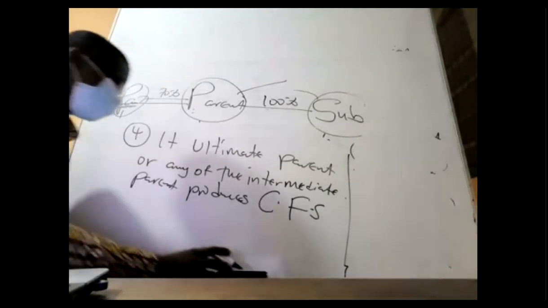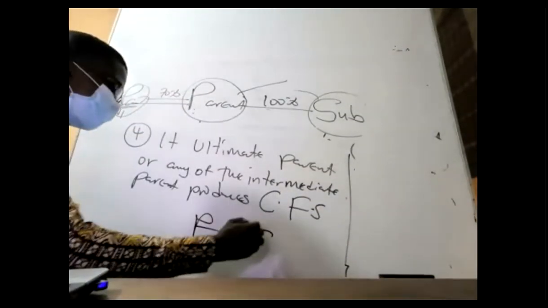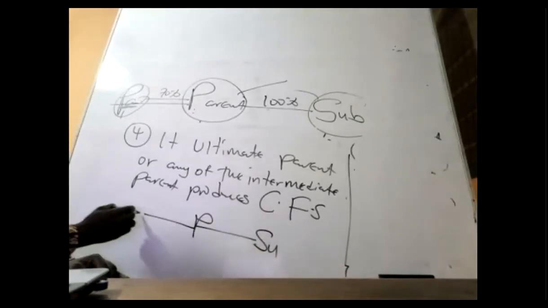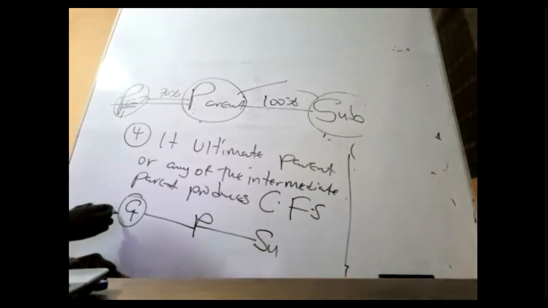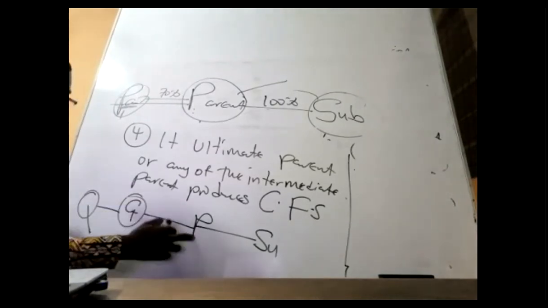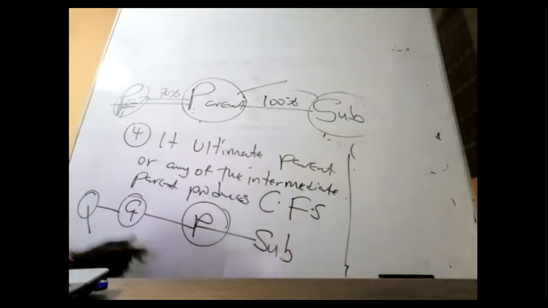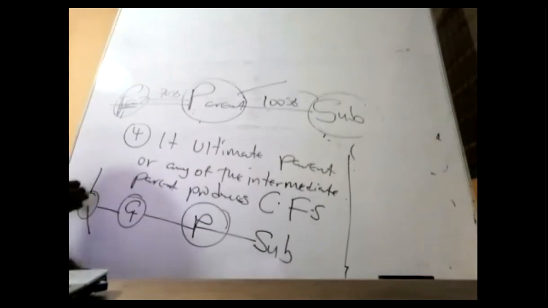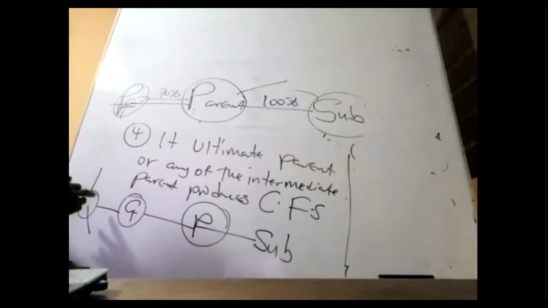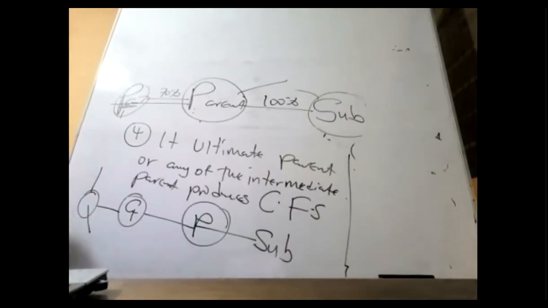IFRS. Let's assume that this is the parent we're talking about. There's another one here, there's Q here. So all these people, this one owns this, this one also owns this. You will not be allowed to prepare consolidation. This one becomes the ultimate parent, and this one becomes the intermediate parent.